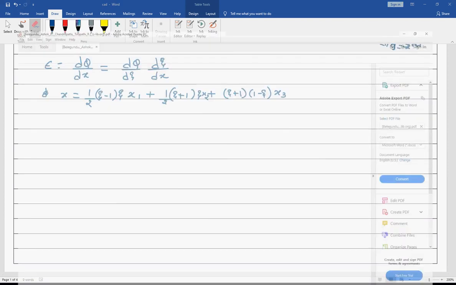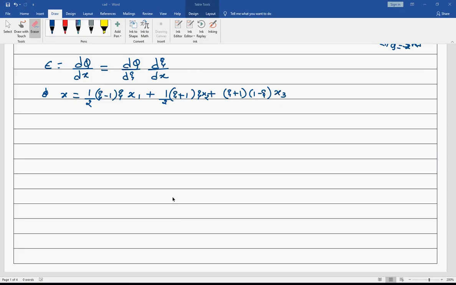If you refer to the previous solution, you will find d psi by dx is 2 by le.